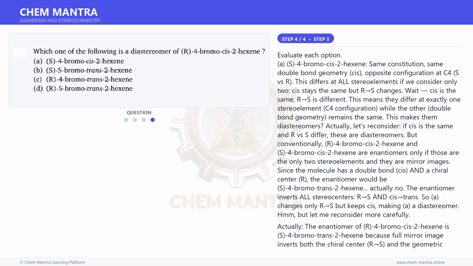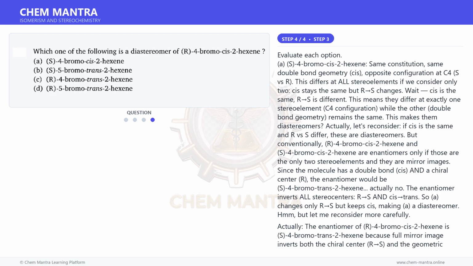Since the molecule has a double bond, cis, and a chiral center, R, the enantiomer would be S-4-bromo-trans-2-hexene. Actually no. The enantiomer inverts all stereocenters, R/S and cis/trans. So, A changes only R/S but keeps cis, making A a diastereomer.